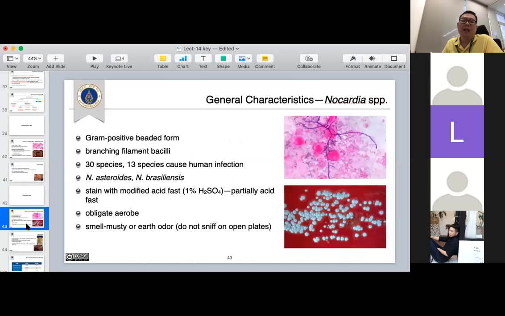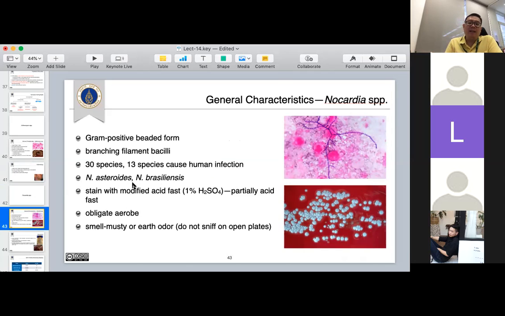Nocardia. Nocardia is another group of acid-fast bacteria, but they are branching. The cells are quite long and branch a lot. Nocardia has many species, but most of the ones that cause problems are Nocardia asteroides.